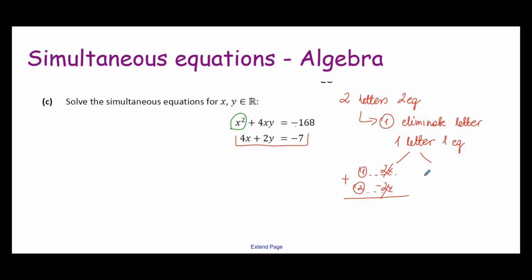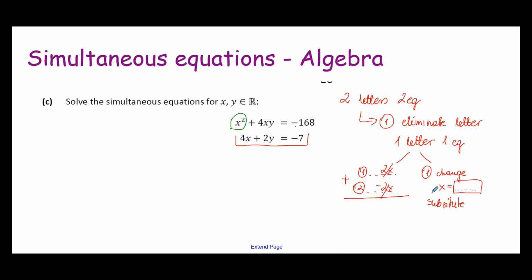The second method is when I take one equation and change how it looks. For example, I say x equals, and put the rest of the stuff on the other side, and I substitute for the value of x in my second equation, my expression. So that way, in my second equation, I have no letter x. That's how I eliminate it. So those are the two methods.